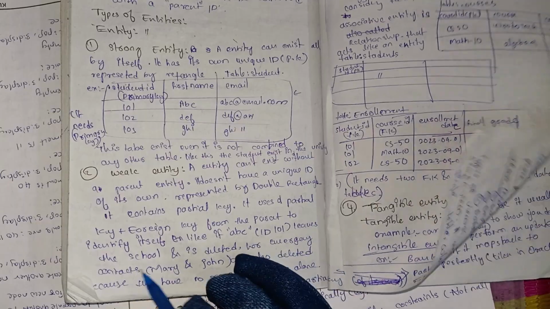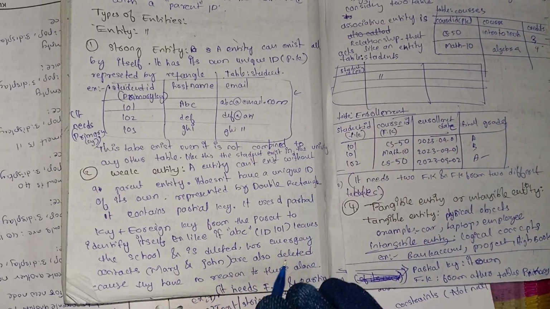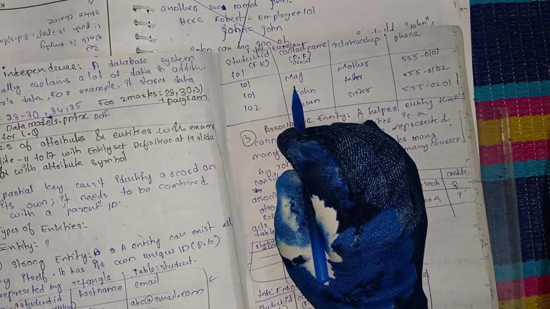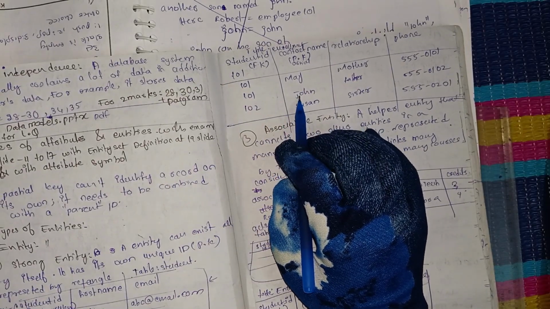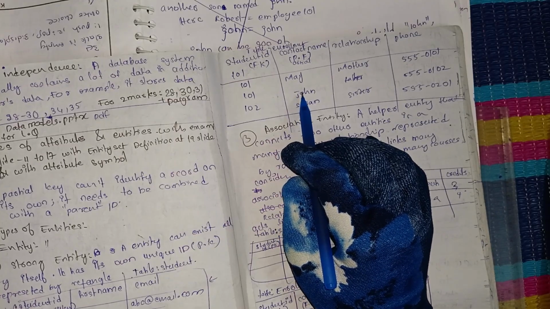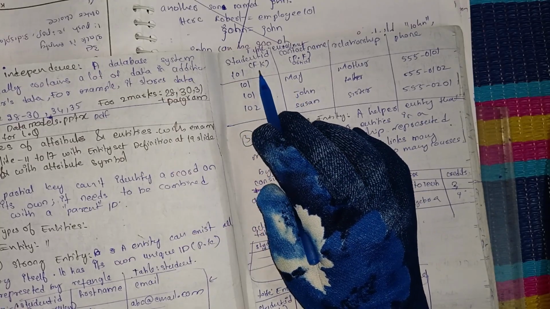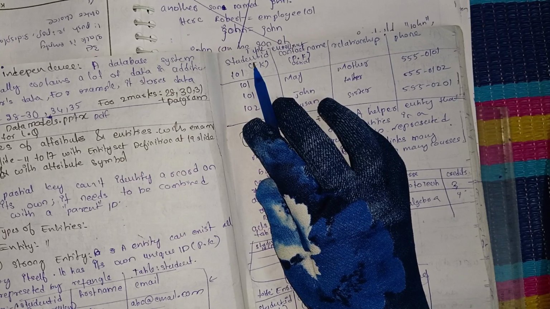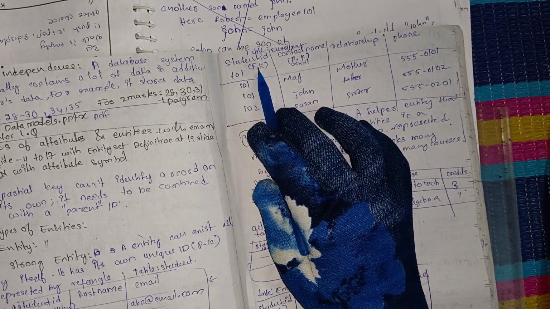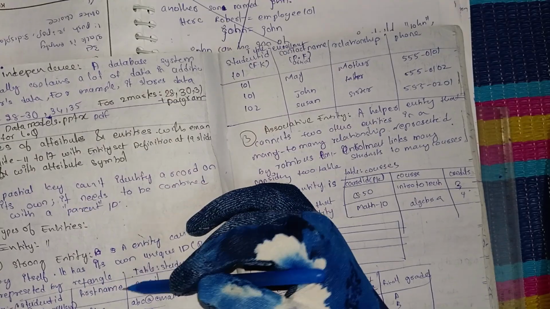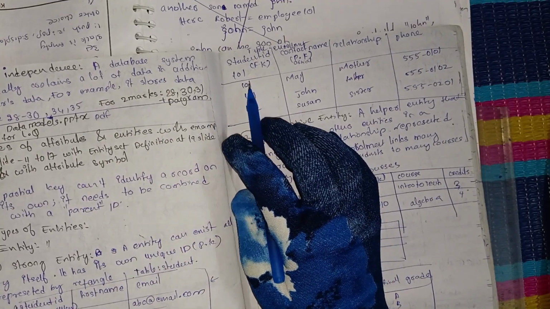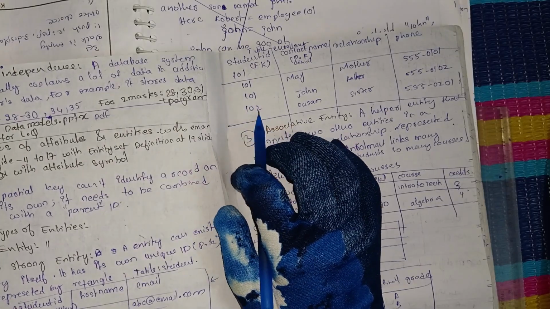So her emergency contacts Mary and John are also deleted. Here we are combining it with the origin key, meaning the primary key of the strong entity table, that is 101, 101 and 102.